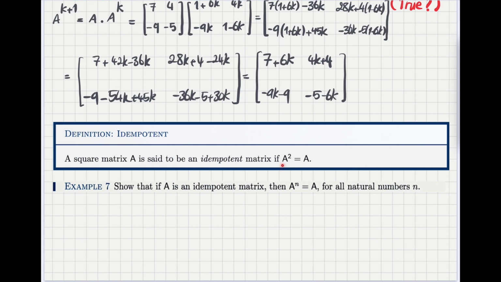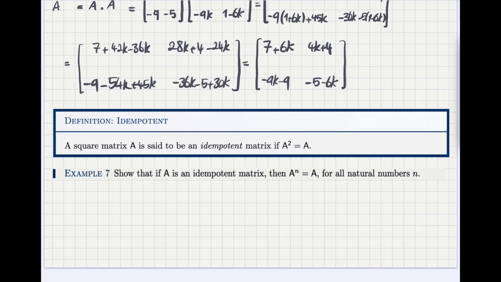Try to find a 2 by 2 matrix which is not the identity matrix, and of course not the zero matrix, because the zero matrix also trivially satisfies this condition. But the matrix squared is equal to A.